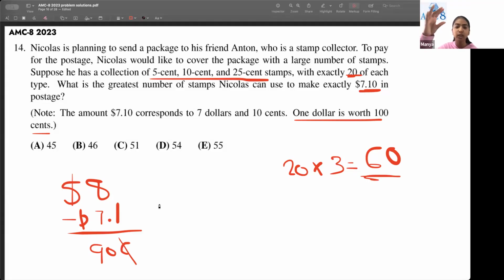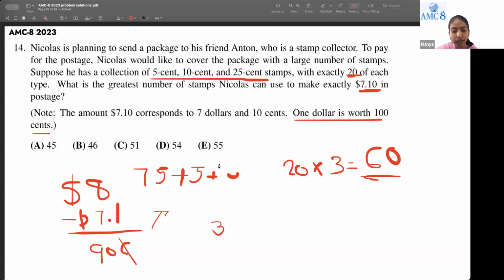So we want to use as many 25s as we can, then the tens, and then the fives. In this case, to make 90, we can use 25 times 3, right? Which gives us 75. So 3 25s, and then we're left with 15 cents. To make 15, we can do 5 and 10.